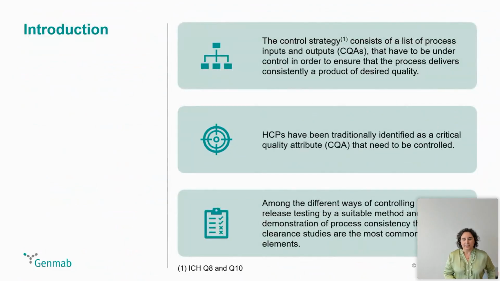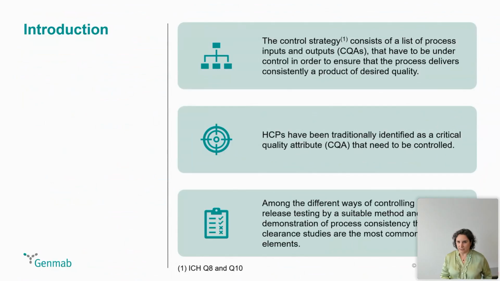So just a short introduction. I don't know how many of you are familiar with a control strategy. The control strategy is defined as a list of process inputs and outputs.